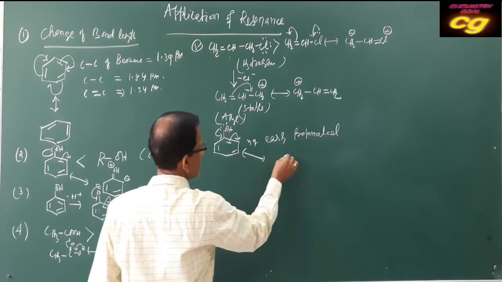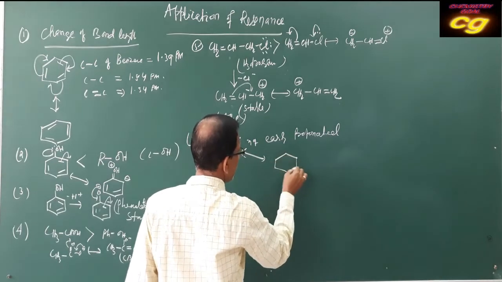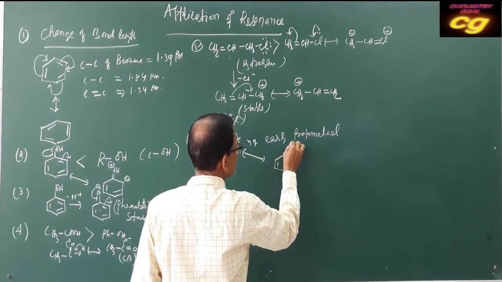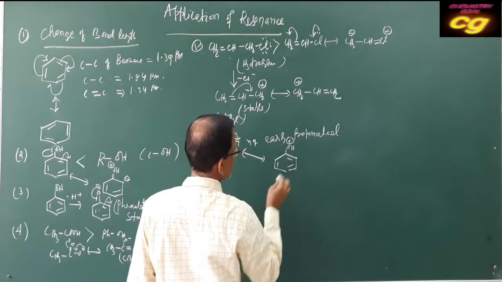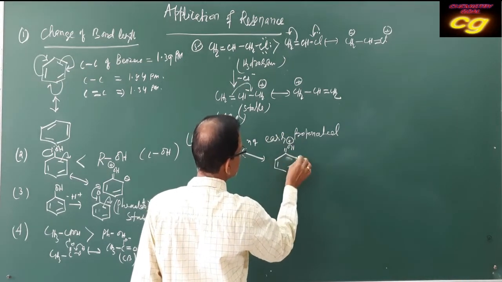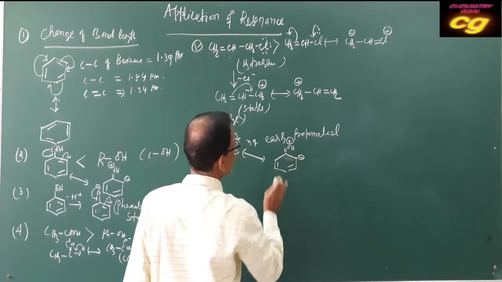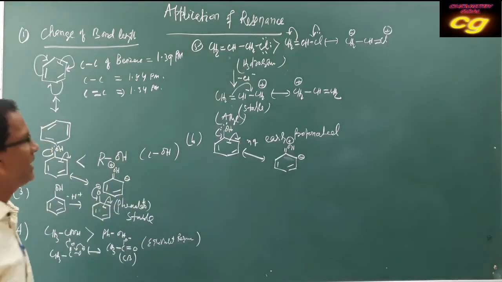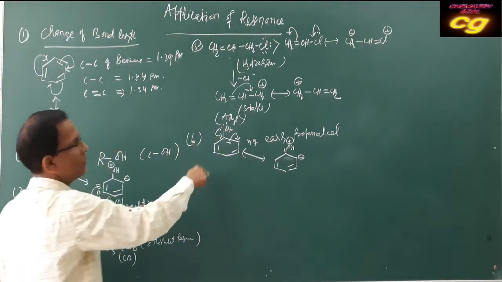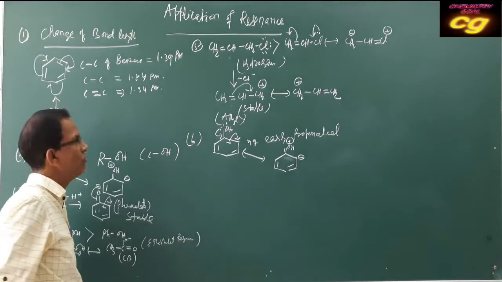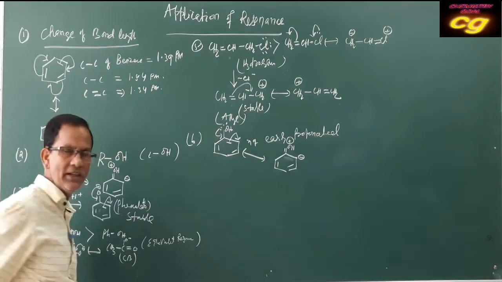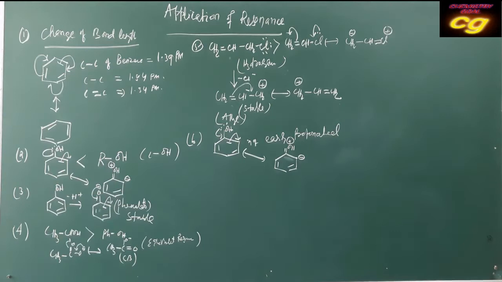Due to resonance, the electron density of oxygen decreases. Due to what? Due to the double bond nature of oxygen, the lone pair is delocalized towards benzene due to resonance, so the electron density of oxygen decreases. That's why the attraction towards the proton will be less.